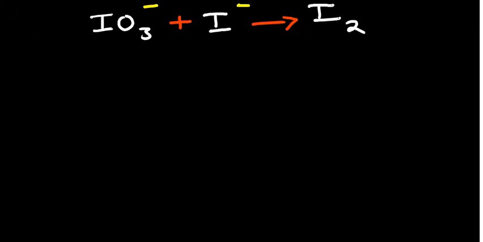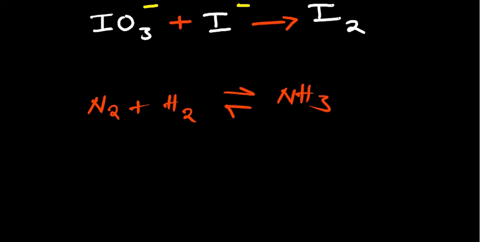In this video we just want to balance the given equation. We know how to balance simple equations. For example, nitrogen and hydrogen reacting to give ammonia can be balanced by observation.